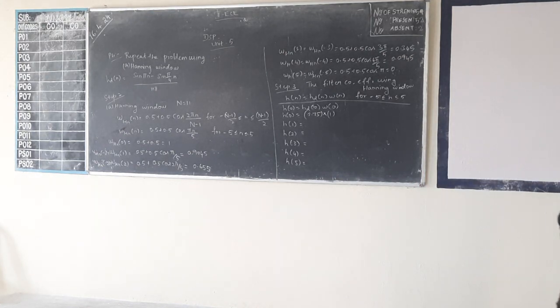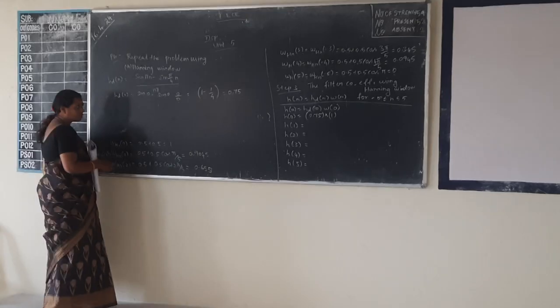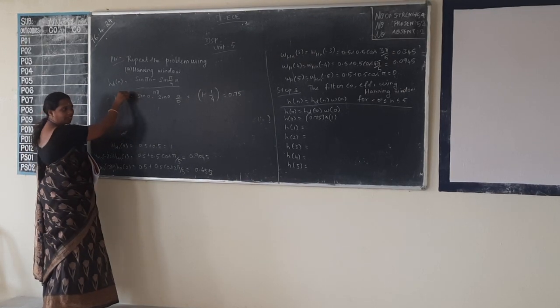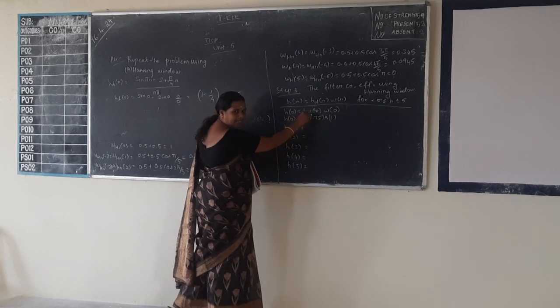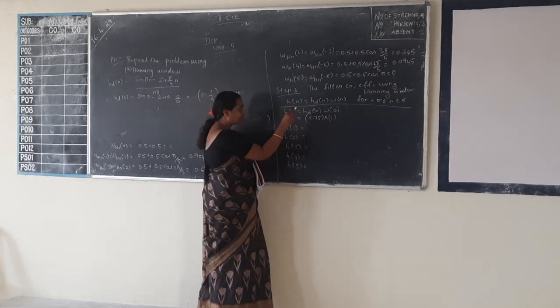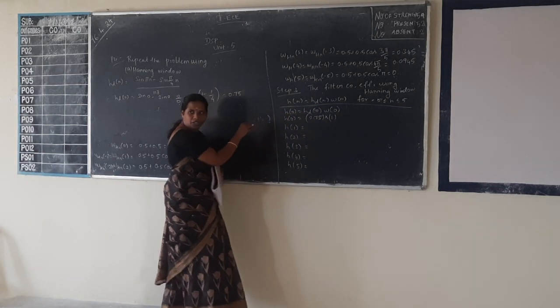Substitute that and find out h of 1. First we have to find h of 0. For step 3, we multiply the desired impulse sequence h_d of n with the window function in order to get h of 0, h of 1, that is h of n.